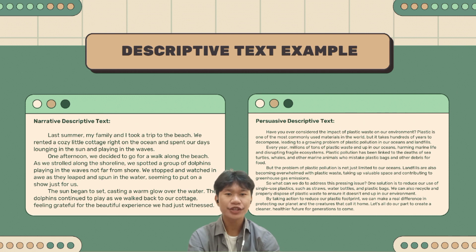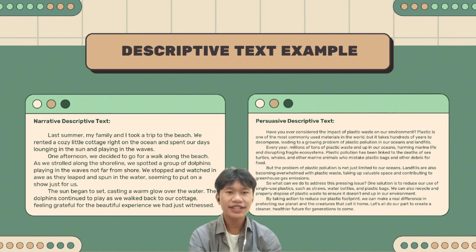So what can we do to address this pressing issue? One solution is to reduce our use of single-use plastics such as straws, water bottles, and plastic bags. We can also recycle and properly dispose of plastic waste to ensure it doesn't end up in our environment.